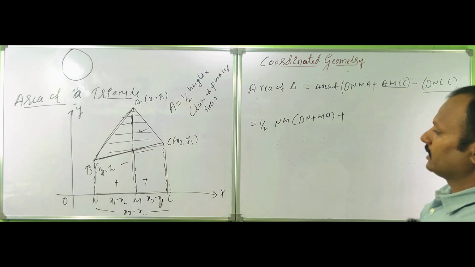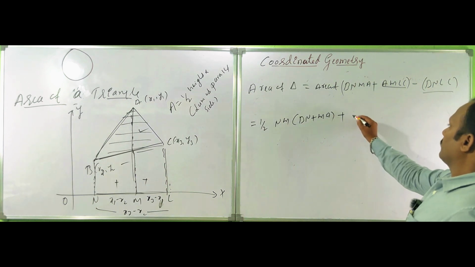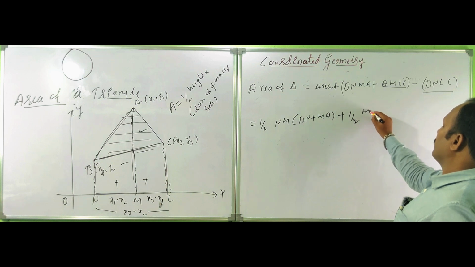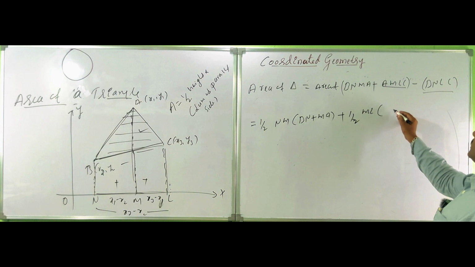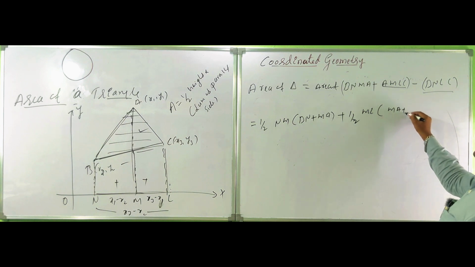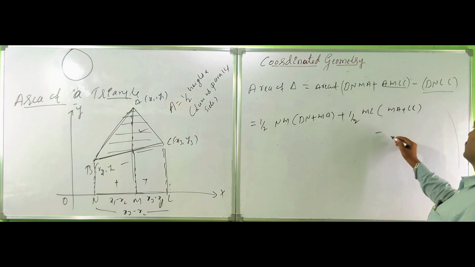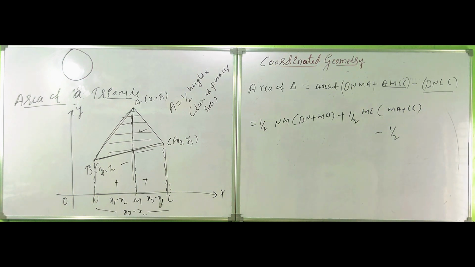What is the height here? ML. So 1/2 ML into the parallel sides MA plus LC, minus 1/2. What is the height here? NL, then the parallel sides NB plus LC.